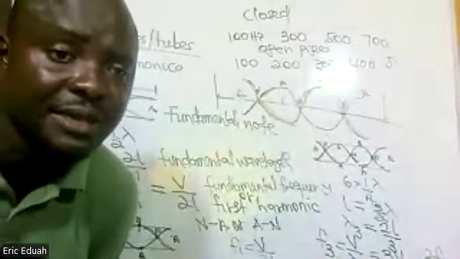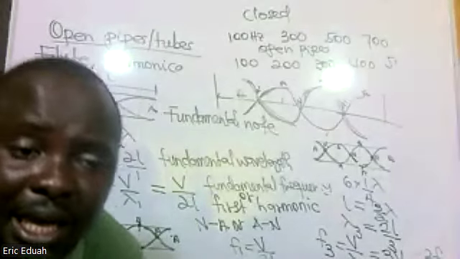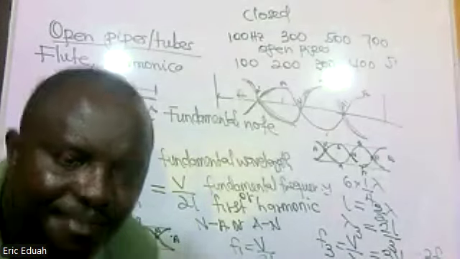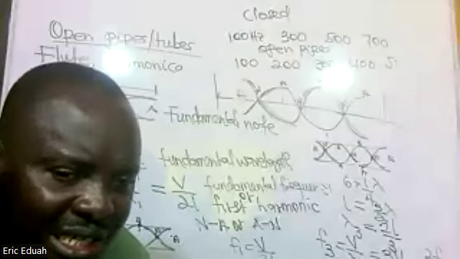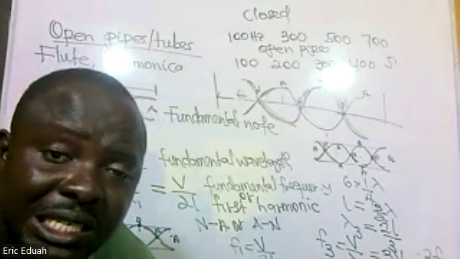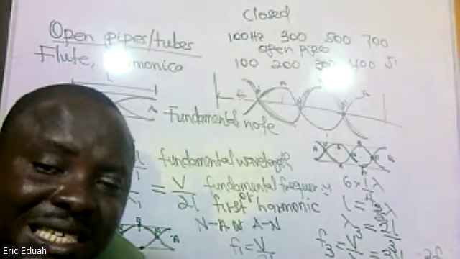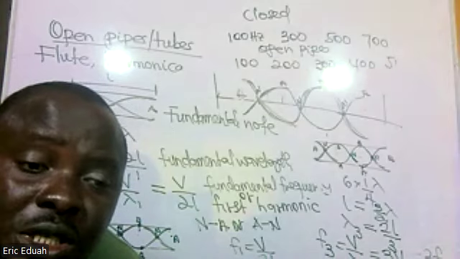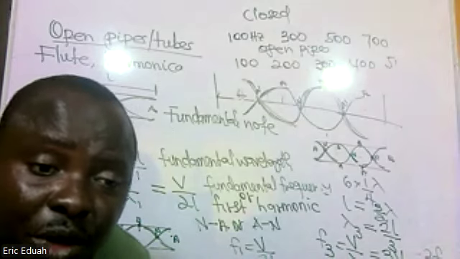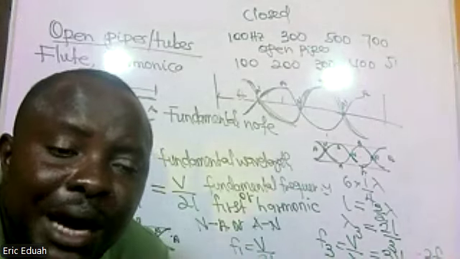Practically because of this, sounds coming from open end instruments have that quality or sweetness to listen to than sounds coming from closed pipes. Compare the sounds from flutes and harmonica, what we call mouth organ, and then the sound produced by trumpets.